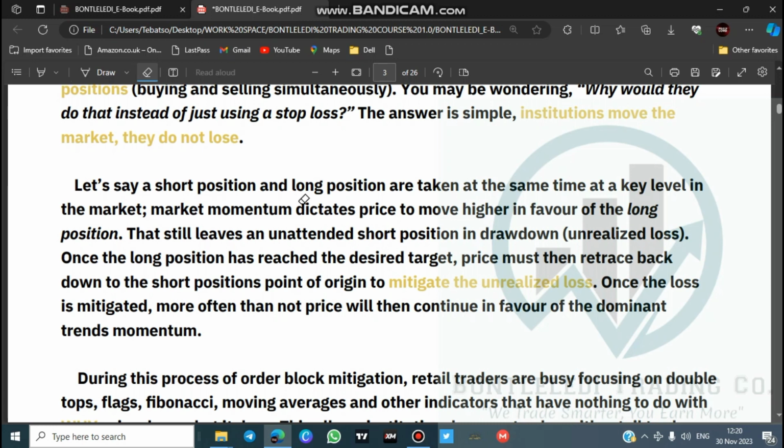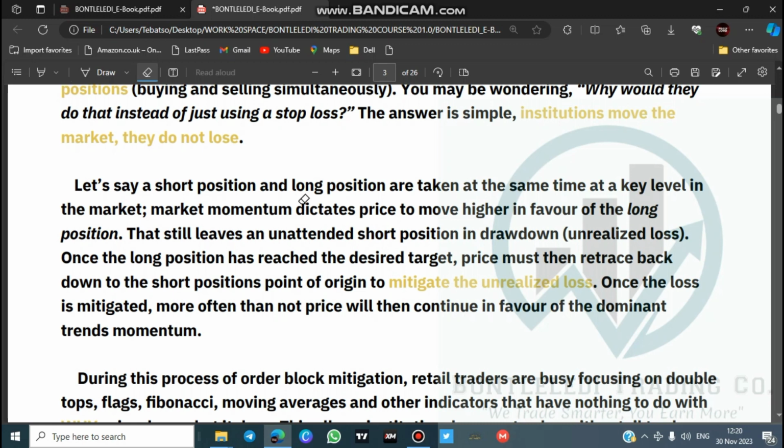So let's say they enter the trades simultaneously, they sell and buy orders at the very same time, right? Only to find that the market starts moving in the long direction, right? Once that is favoring the long position, that still leaves an unattended short position in a massive drawdown, an unrealized loss.